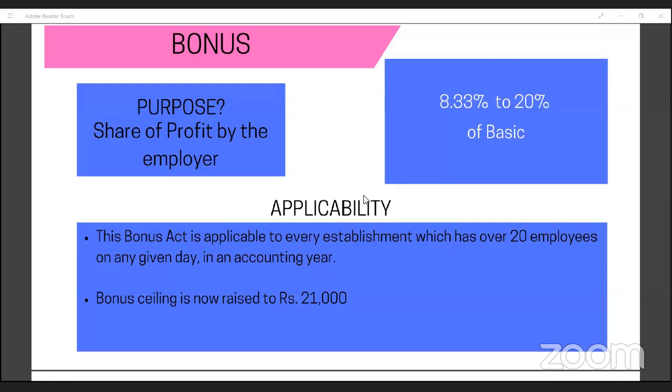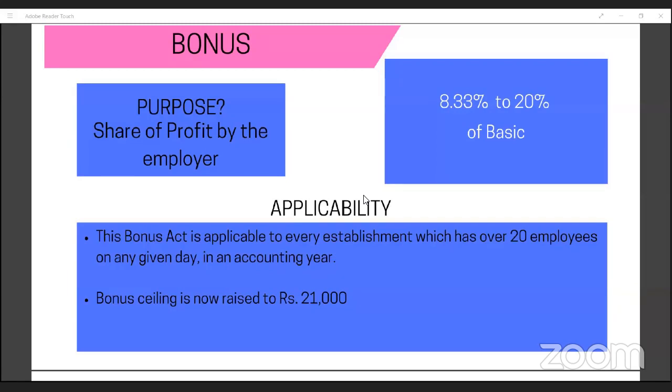Any full-time employee who has worked a minimum of 30 days in the calendar year is eligible for bonus according to the Act. So logically, any new employee who is more than 30 days old also comes under the purview of the Bonus Act.